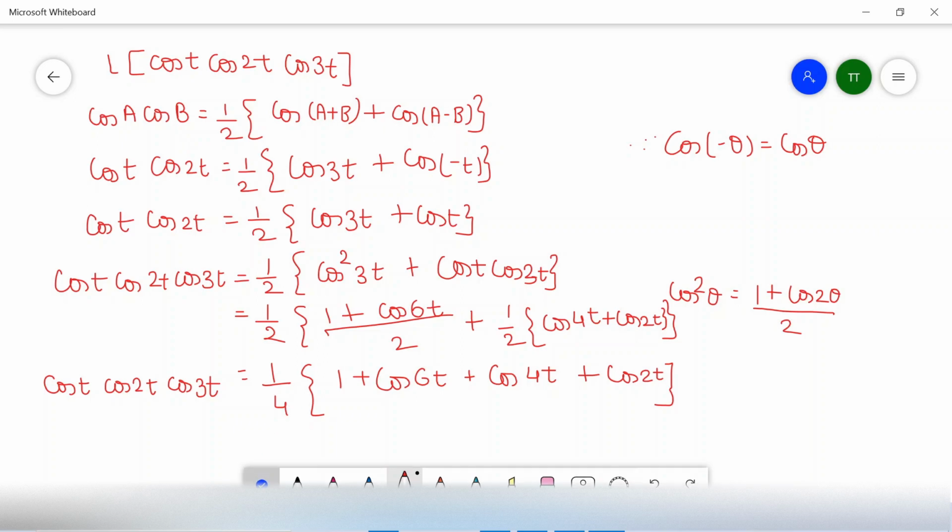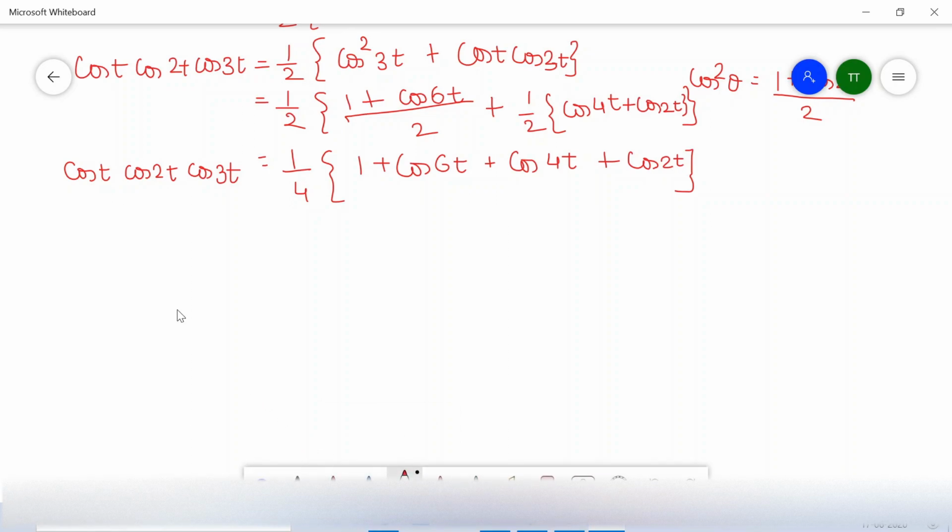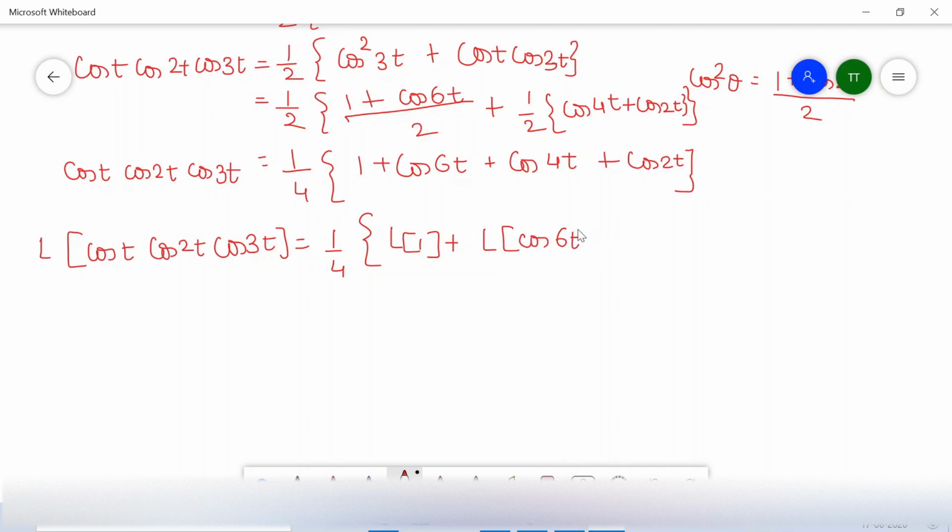So now we find the Laplace transformation of this part. The Laplace transformation of cos t cos 2t cos 3t will be 1 by 4, and by the linear property we can separately write the Laplace transformation of 1, the Laplace transformation of cos 6t, plus the Laplace transformation of cos 4t, plus the Laplace transformation of cos 2t.